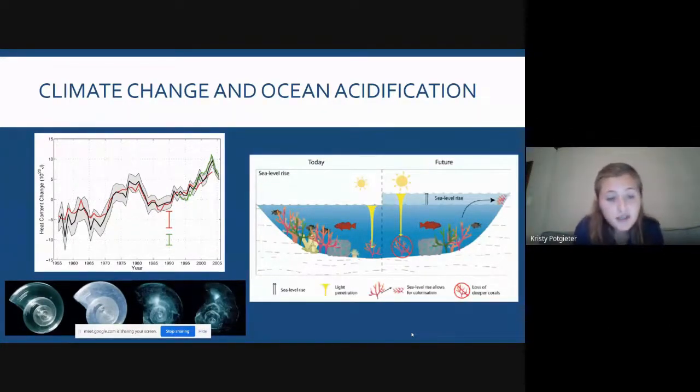Okay, so that picture at the bottom there, that's a study that was done where the scientists looked at how little sea snails and that kind of thing would be affected by ocean acidification. And you can see that that snail has been unable to form the shell correctly because there wasn't enough of those calcium carbonate ions in the water.